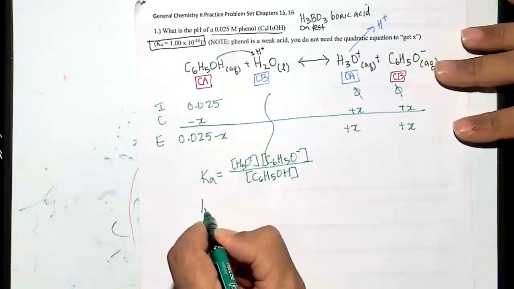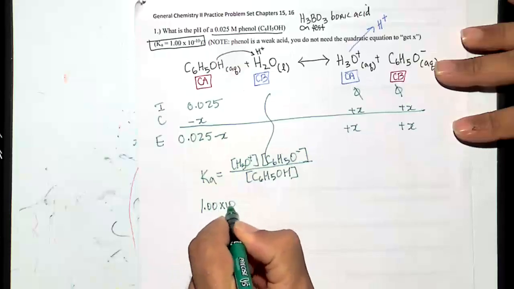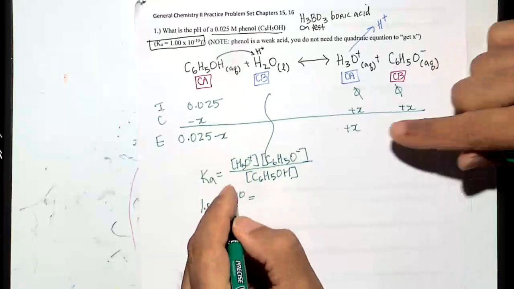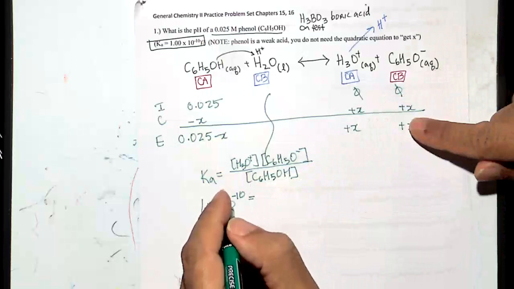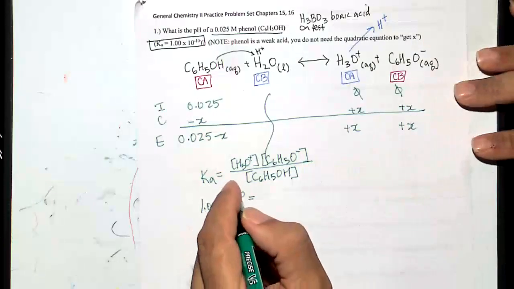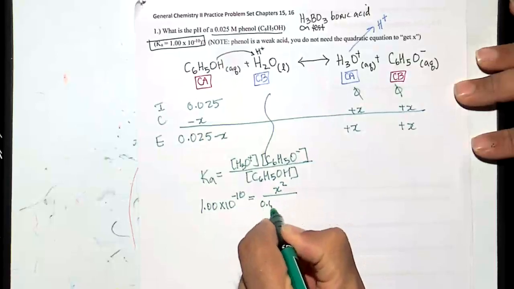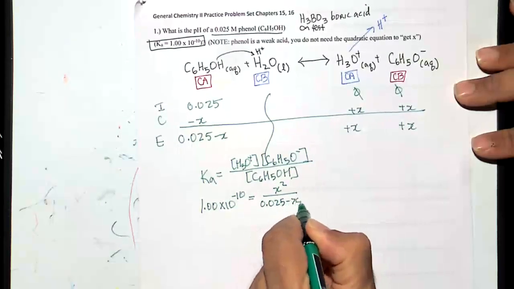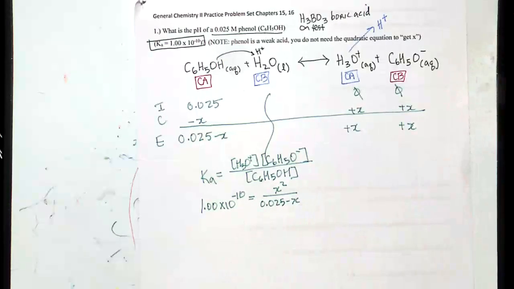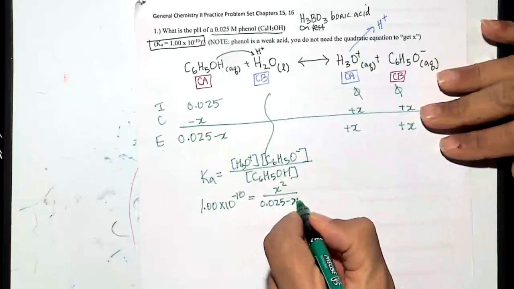All right, Ka is 1 times 10 to the minus 10. Okay, H3O+ is X. C6H5O- is X. X times X is going to be X squared. And this is going to be 0.025 minus X. Okay, so we'll do something called a low ionization assumption.